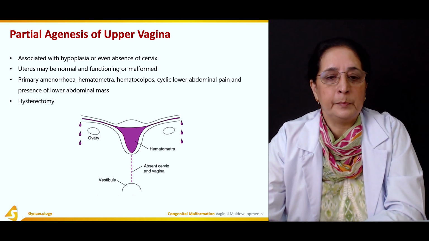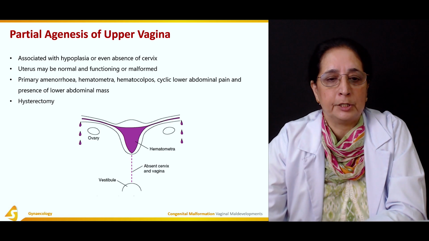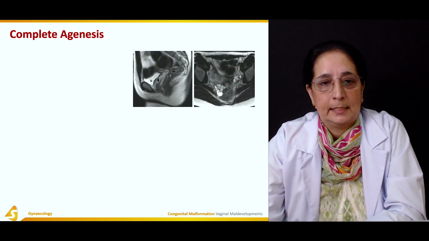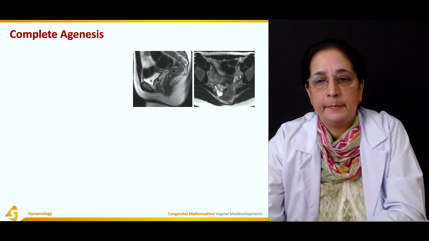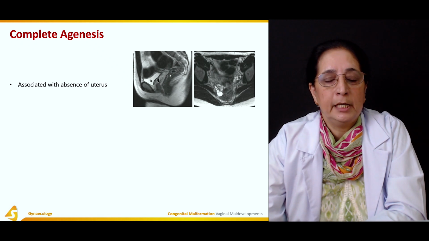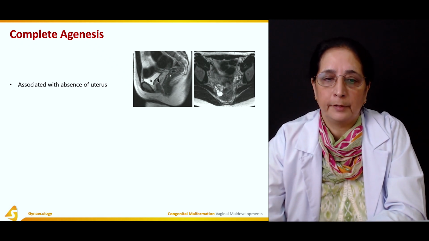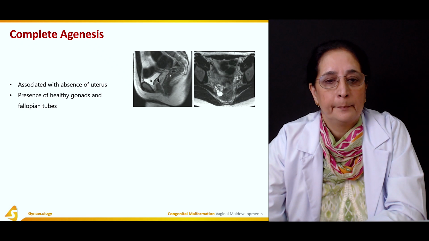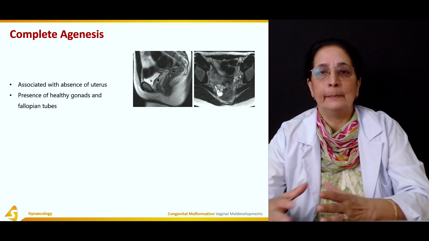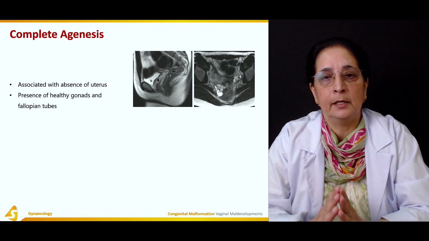Treatment is by hysterectomy. Now the complete agenesis. Complete agenesis means complete absence, associated with absence of the uterus, presence of healthy gonads and fallopian tubes.